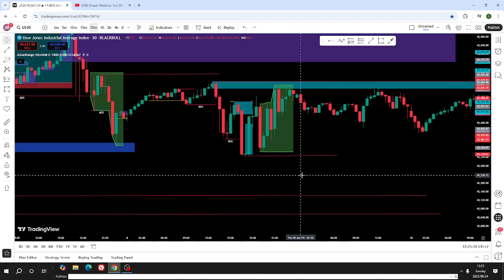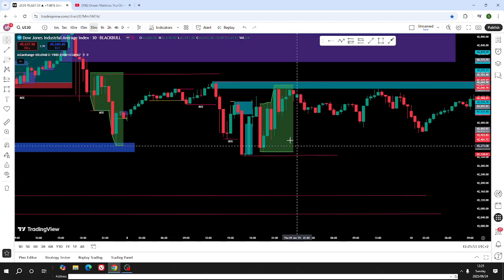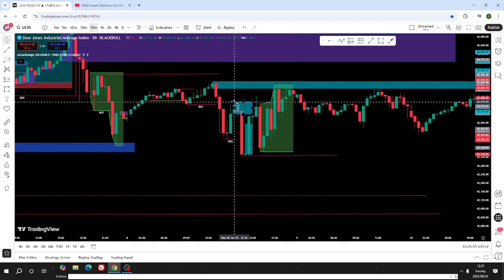So with a doji, you could say, let's wait and see what's happening. From there we also see that the market sweeps the high of the order block. This was now where people could have gone in with a sell.